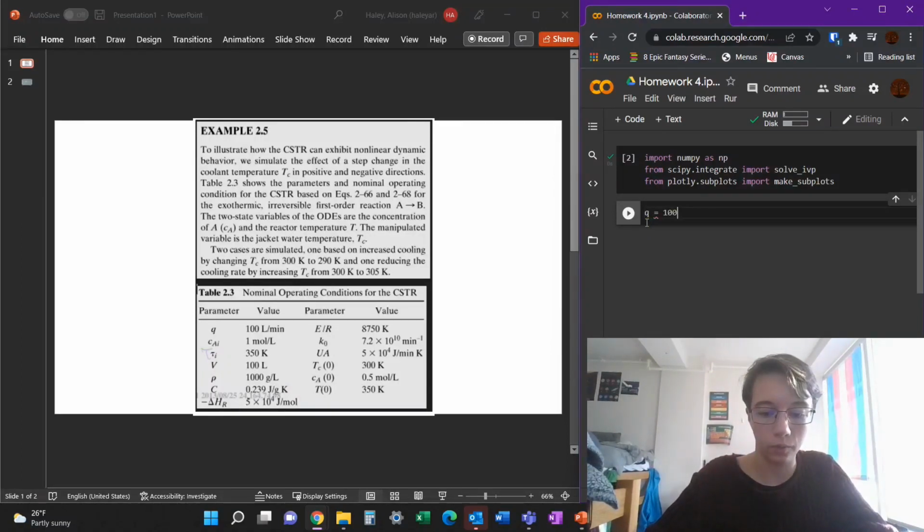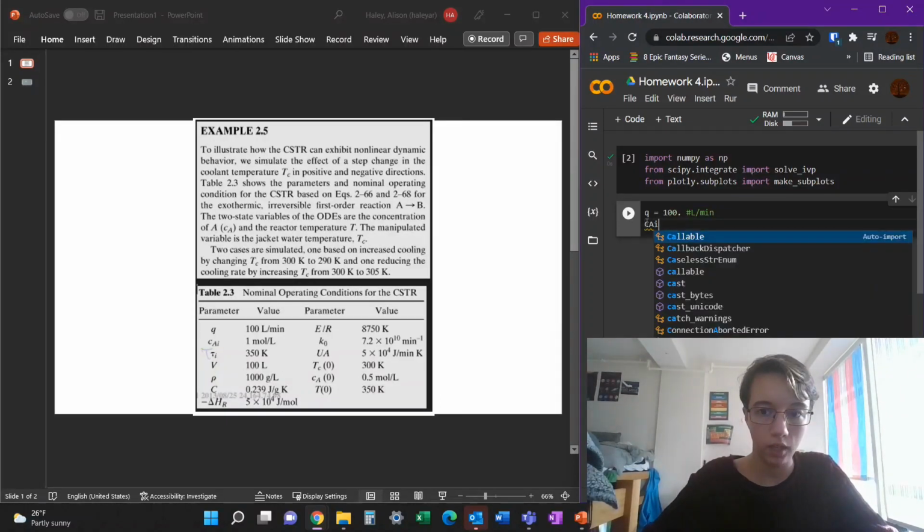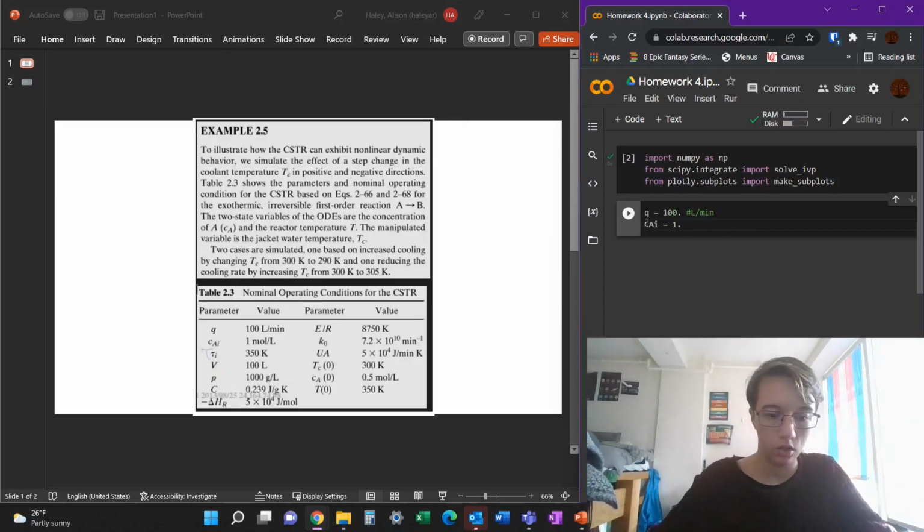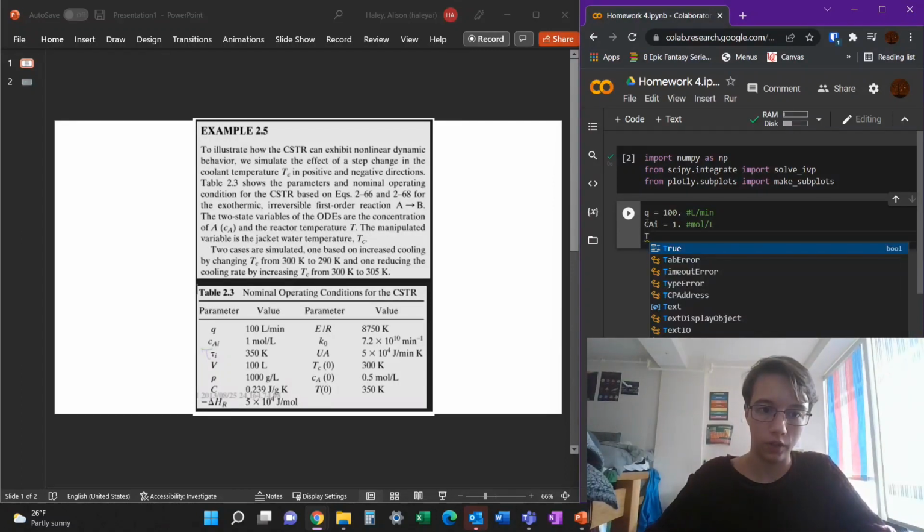So Q is going to equal 100 liters per minute. Then we'll have concentration of A going in. It's going to equal 1 mole per liter. Then we're going to use T for the tau because it's temperature.